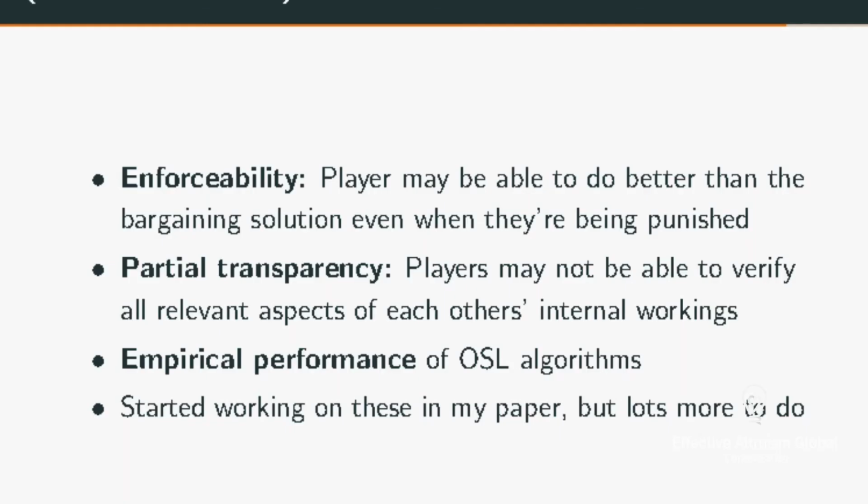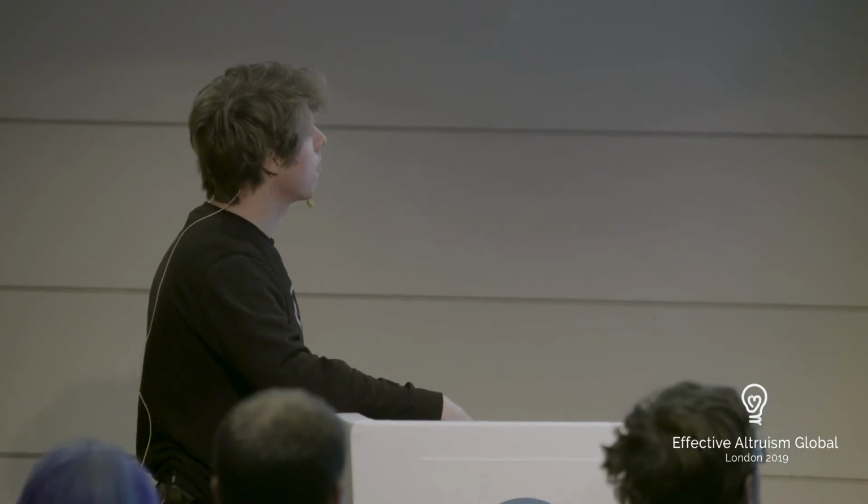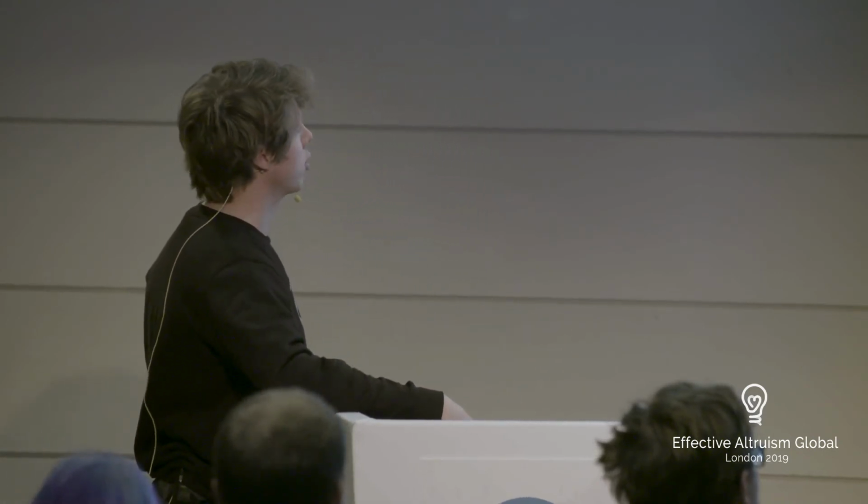Okay, obviously, you've probably thought of many problems that need to be addressed here. One is enforceability, so it might be the case that you can do better than cooperating, even if your counterpart is trying to punish you. Another is, of course, I've made very strong assumptions about the agents' ability to verify various things about each other's internal workings.